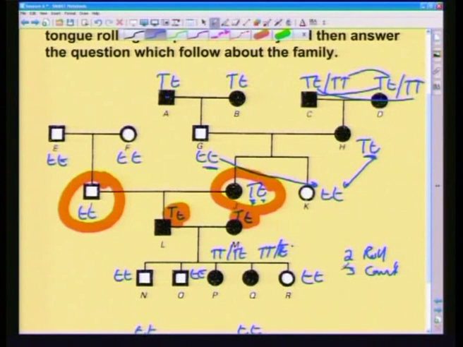So we say, okay, what are the chances that their next child will be, now we've got capital T, small t, and the 2 of them, it goes the same every single time. Remember, every time a child is produced through fertilization, those 4 combinations will apply every single time. So we're going to do the cross here.